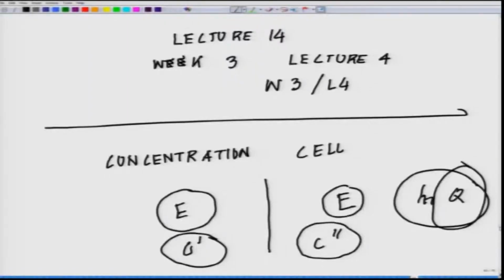Now, before we get into that, let me talk a little bit about the principle underlying the concentration cell, which is particularly important where solutions of electrolyte have different concentrations. Say for example, you have solutions of electrolyte on the left hand side as well as the right hand side, and they are separated.